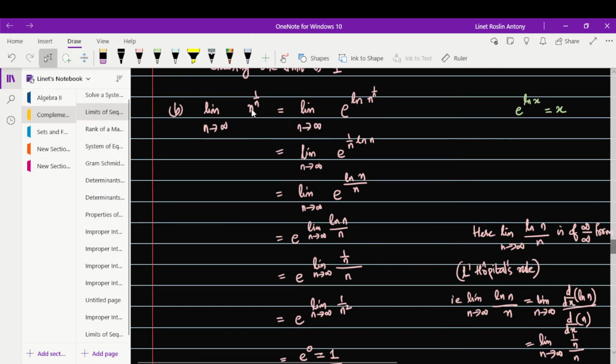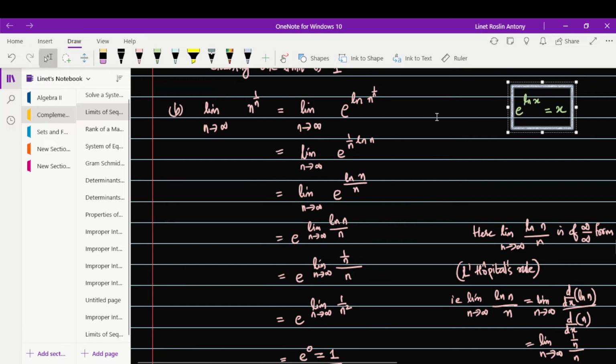The limit as n tends to infinity of n raised to 1 by n is to be calculated. We have to show that it is 1. Note that e raised to log x is equal to x. This is the property of the exponential function, so you have to keep that in mind.